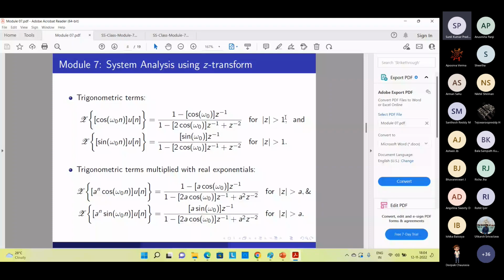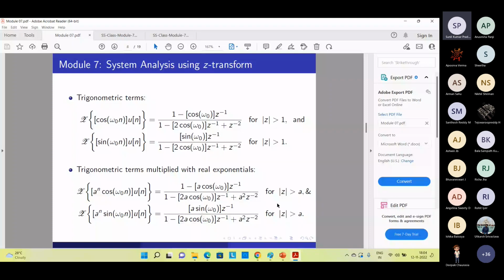Similarly, consider trigonometric terms multiplied with a real exponential, that means a to the power n cos omega naught n u of n. So what will be your Z transform? 1 minus a cos omega naught z inverse divided by 1 minus 2a cos omega naught z inverse plus a square z inverse square. What is your region of convergence?